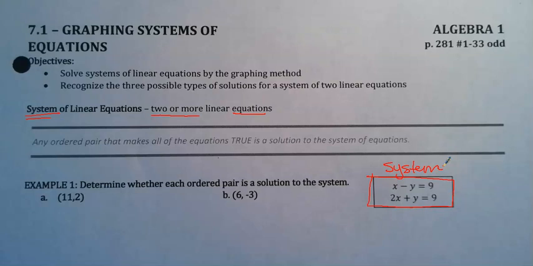They are related. Okay? A solution to the system is where those 2 lines intersect. An ordered pair that makes all of the equations true is a solution. It is their point of intersection.